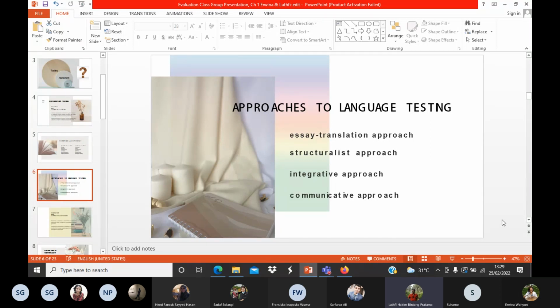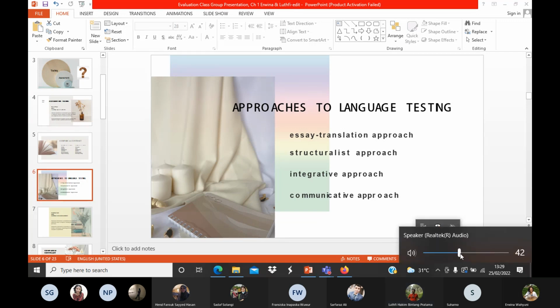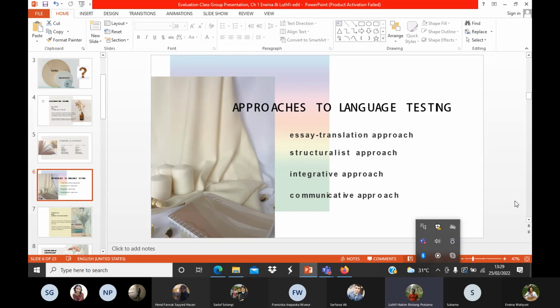The essay translation approach is commonly referred to as the pre-scientific stage of language testing. No special skill or expertise in testing is required. The subjective judgment of the teacher is considered to be of paramount importance.